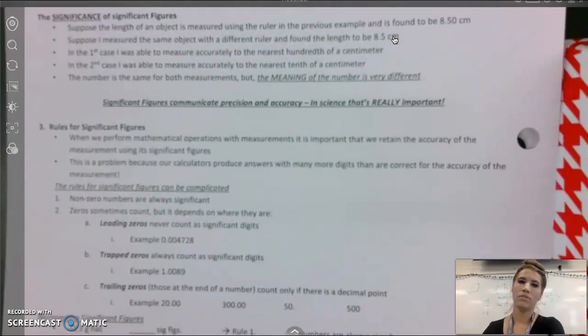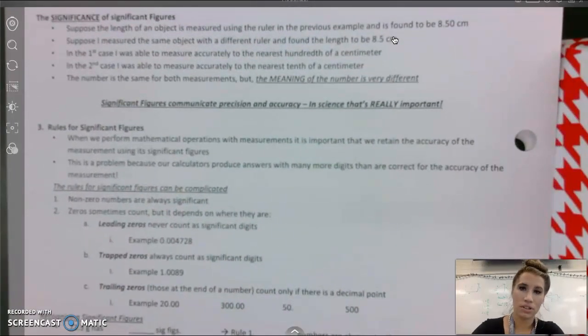Now, how can you know which digits are significant and which ones are not if you don't have the tool in front of you? Because often in the class, I'll give you numbers like 8 times 10 to the third meters per second. Okay, and what you need to be able to recognize is, of that number, how many sig figs do we have there?